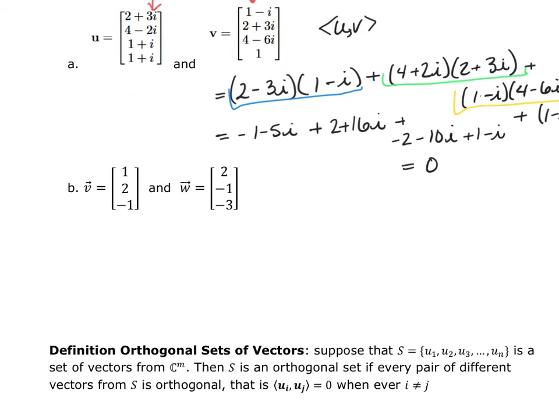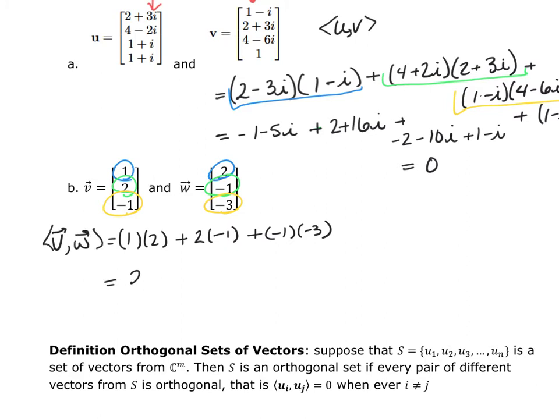Let's take a look at my next example. Nice real numbers. We like it when we have real numbers. It is simply going to be 1 multiplied by 2, plus the 2 multiplied by negative 1, plus the negative 1 multiplied by the negative 3. This is my inner product of v and w.